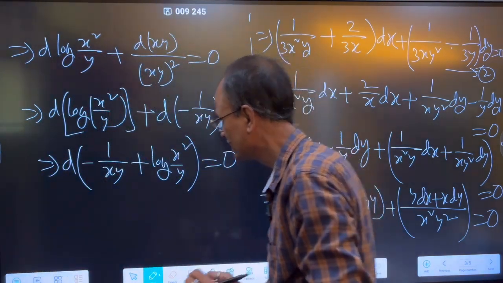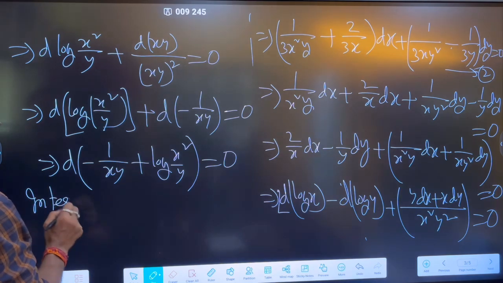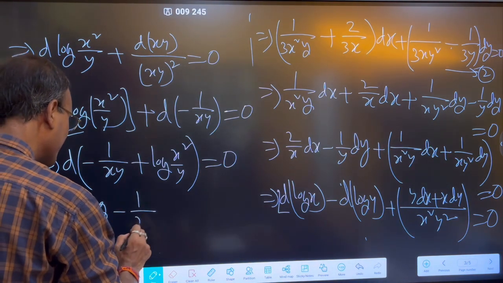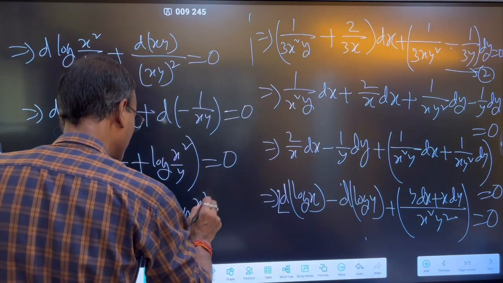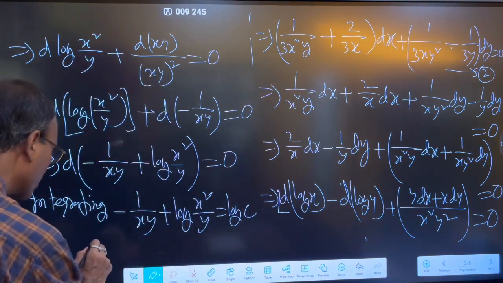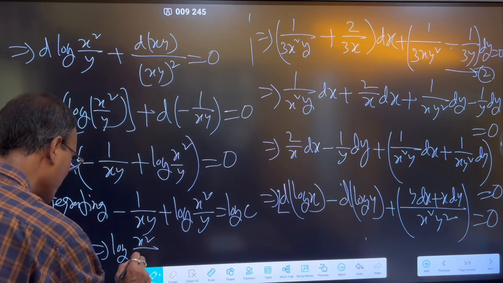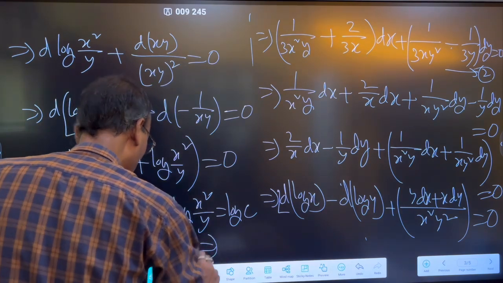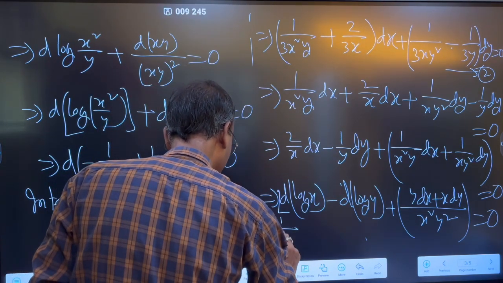Integrating, we get minus 1 by xy plus log of x square by y equal to log of c, or you may write log of x square by cy equal to 1 by xy, or x square equal to cy e to the power 1 by xy.